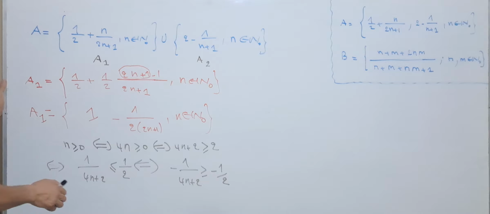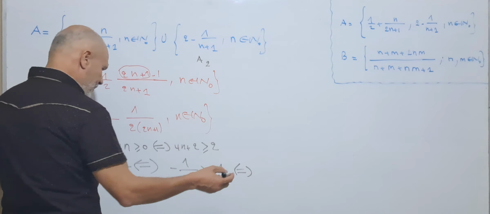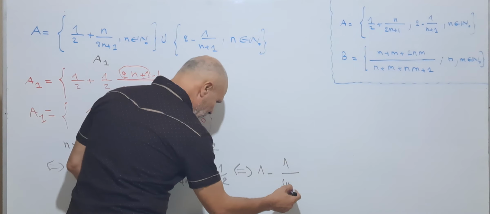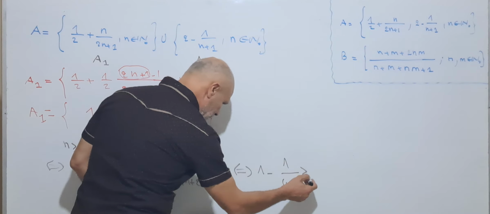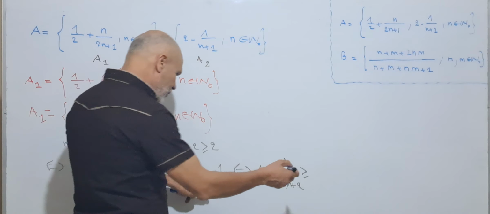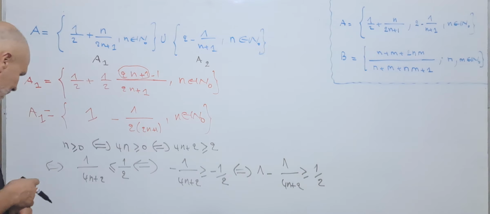Then we add 1, and this is equivalent to say that 1 minus 1/(4n plus 2) is greater than or equal to minus 1/2 plus 1/2 from this side.